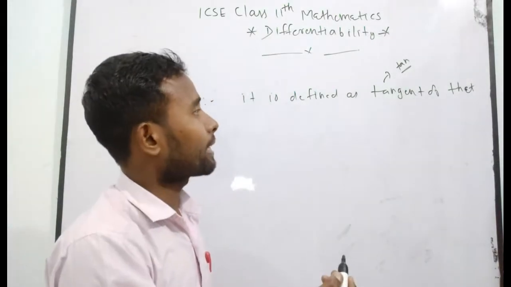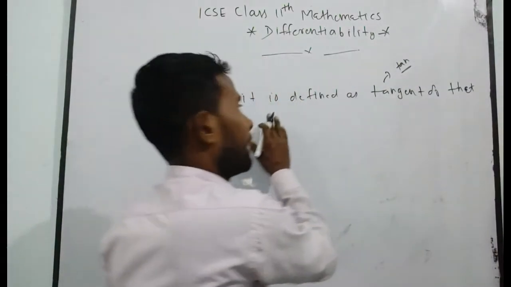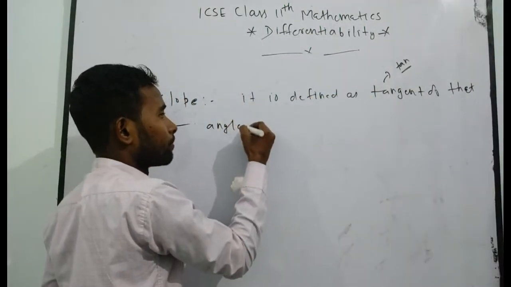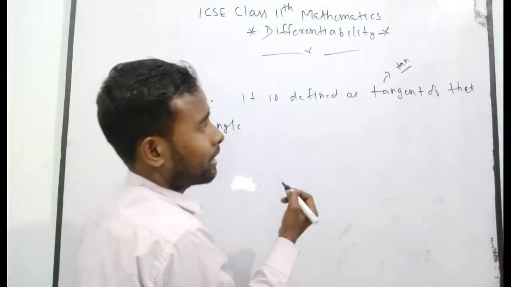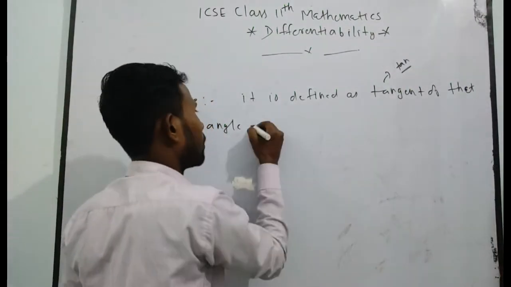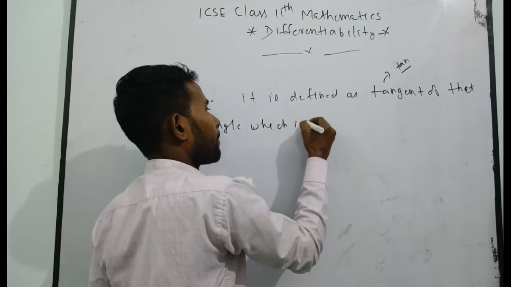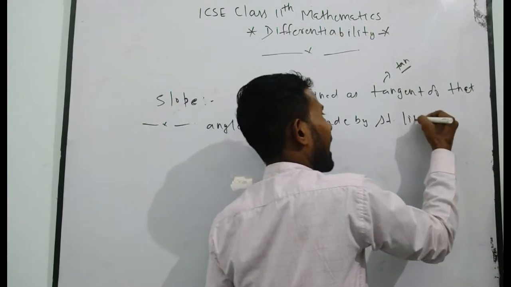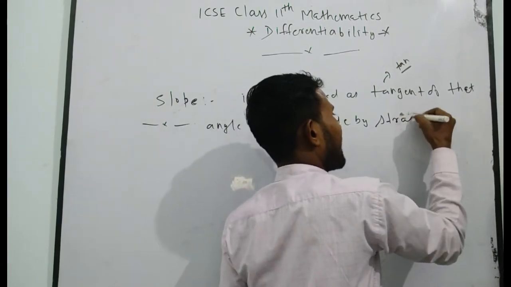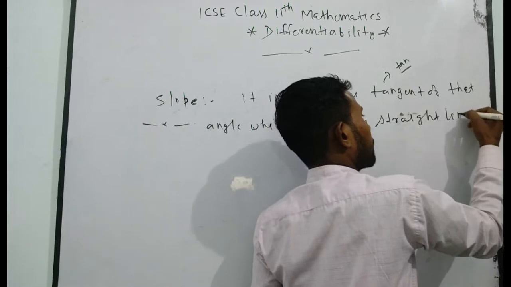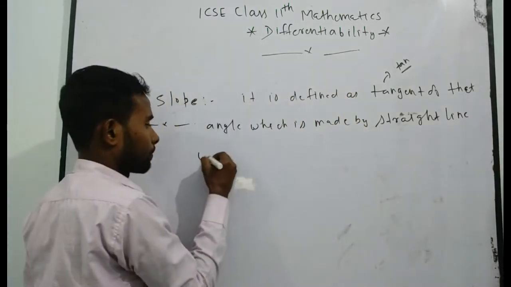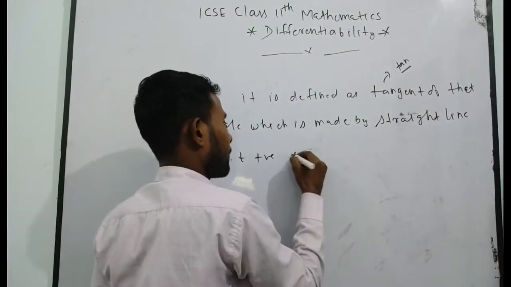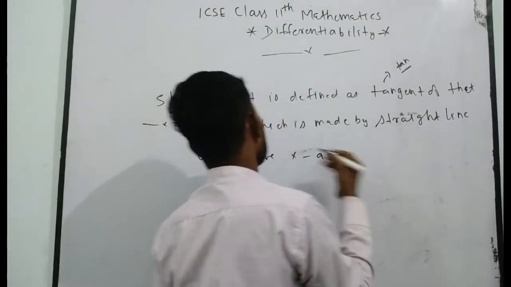Slope is defined as the tangent of the angle made by a straight line with respect to the positive x-axis. This is the actual meaning of slope.